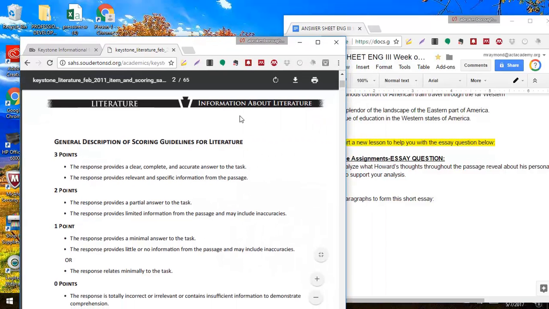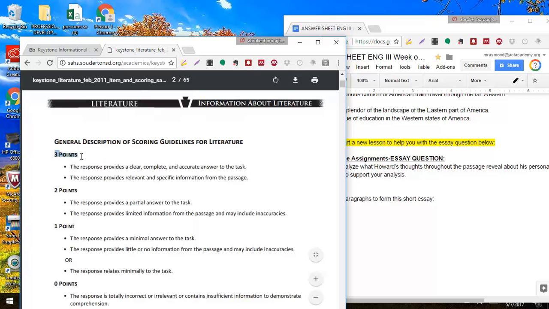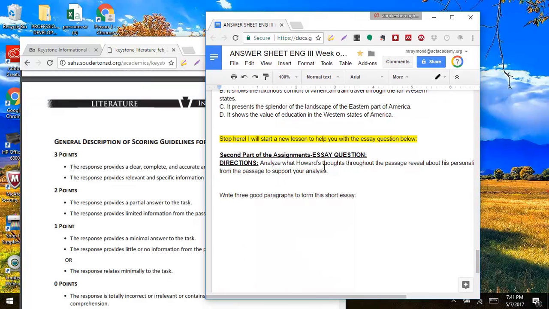For the Keystone Literature exam, there are several points that you can earn. You want to earn 3 points. This is the best. Your response will provide a clear, complete, and accurate answer to the task. The task is the writing prompt.